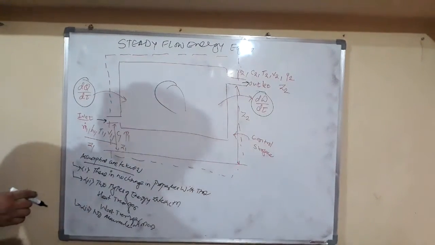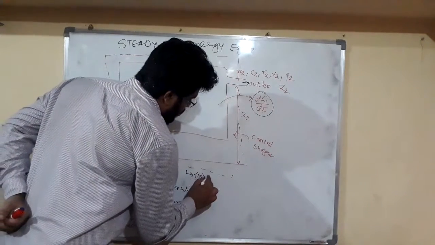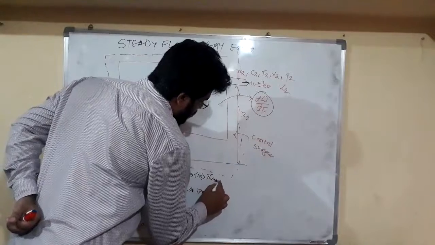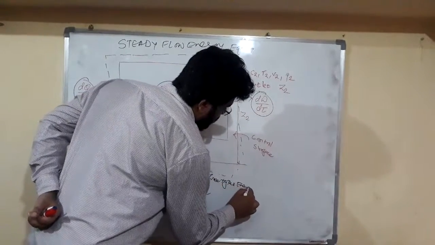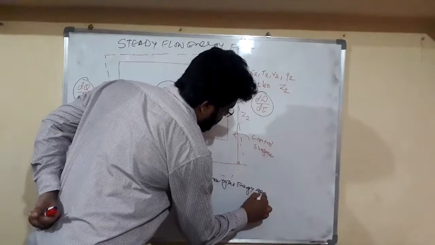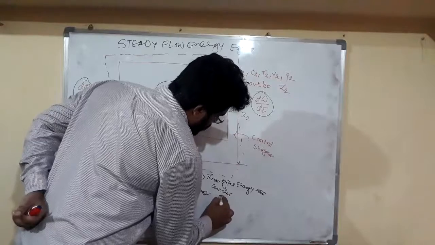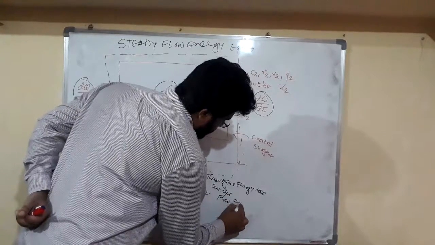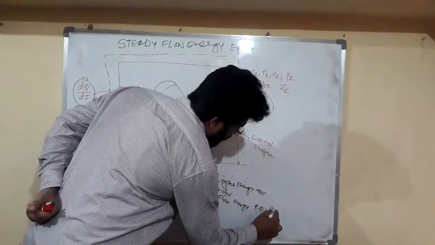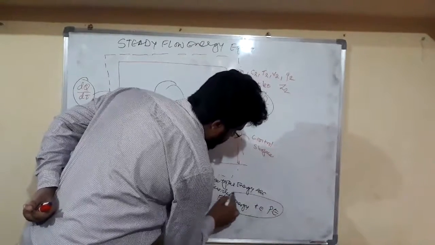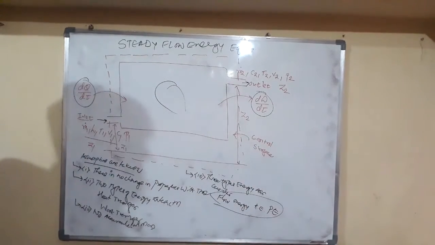And friends, only three types of energy are considered: flow energy, kinetic energy and potential energy. Only these three types of energy are considered during the steady flow energy equation.